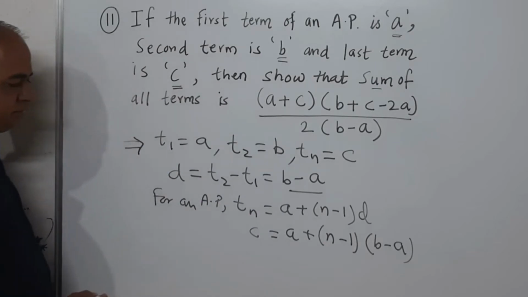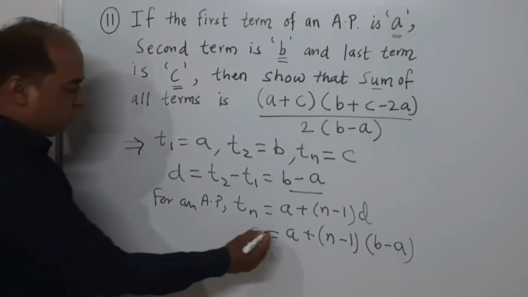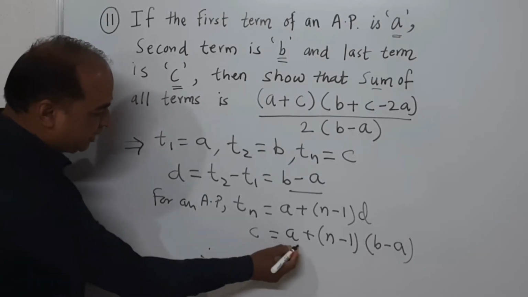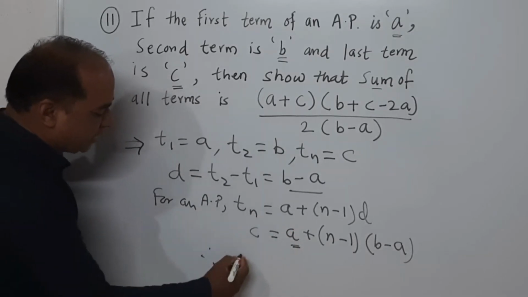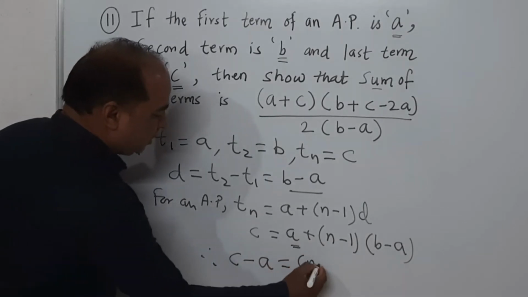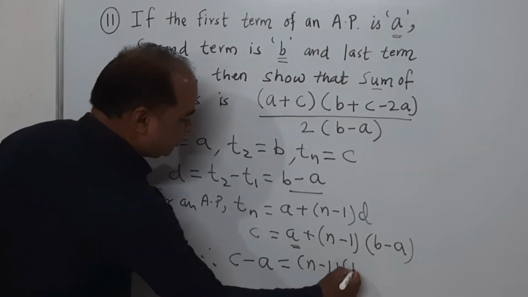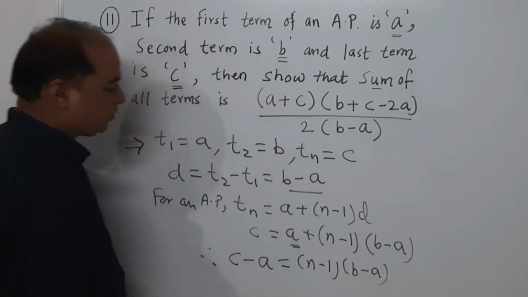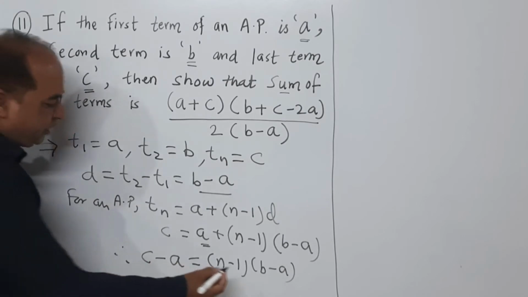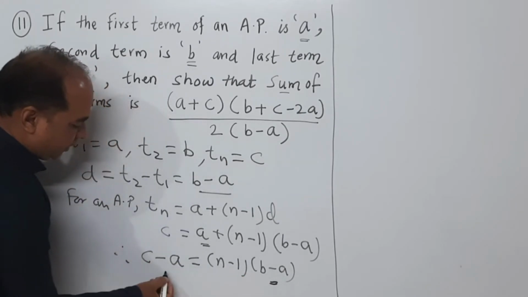Here we find n. So now we'll take this A on the left hand side. So C minus A is equal to (n minus 1) into (B minus A). Now we'll take B minus A to the left hand side.